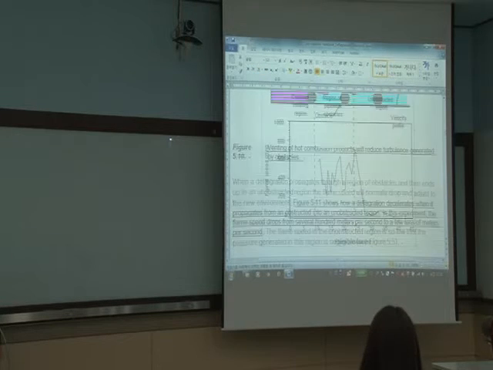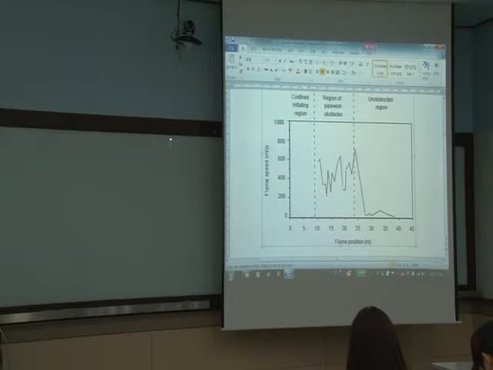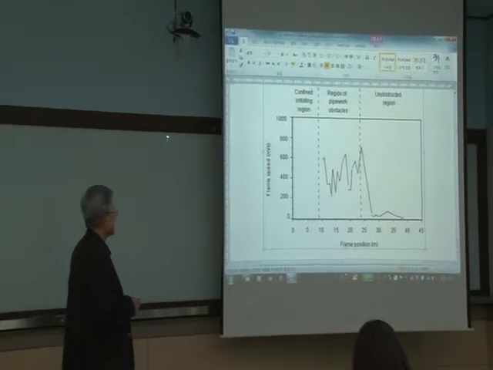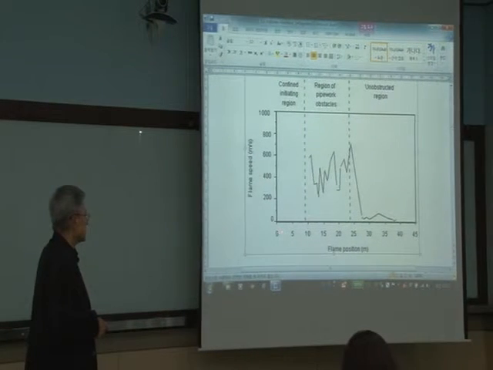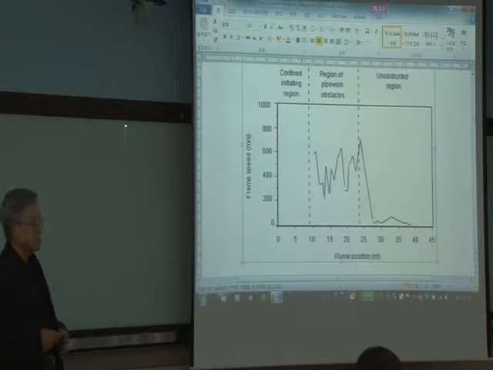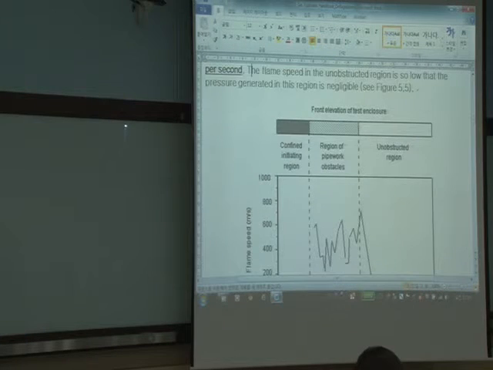Okay, and next one is flame speed on the vertical axis, meter per second, and this is the flame position in meters.